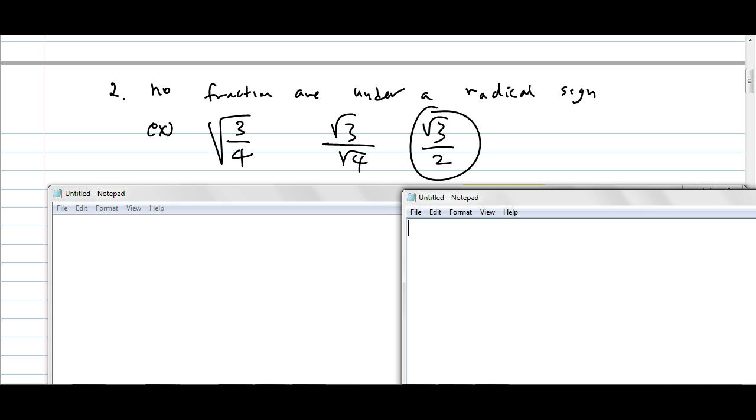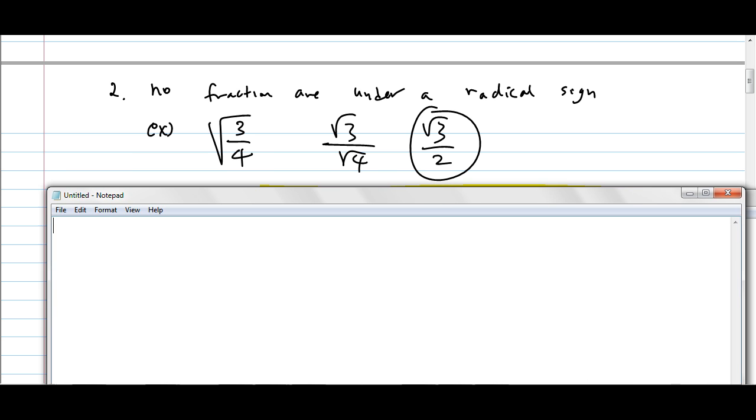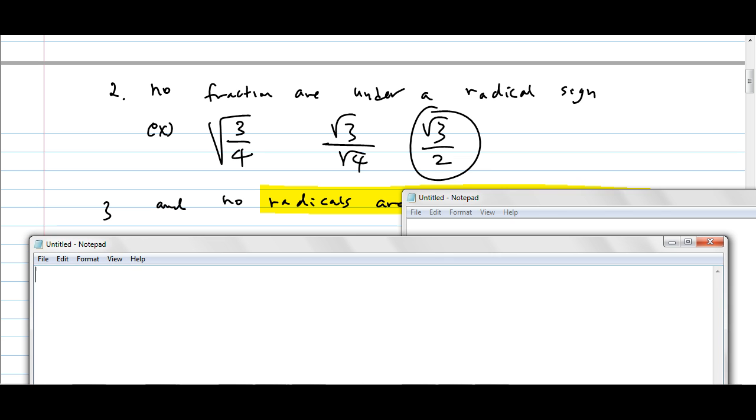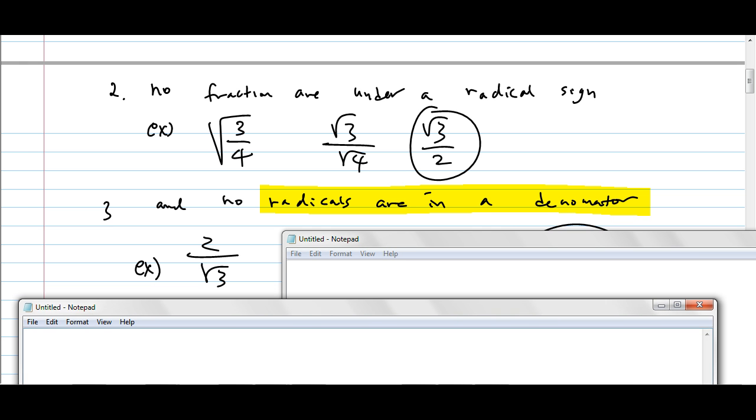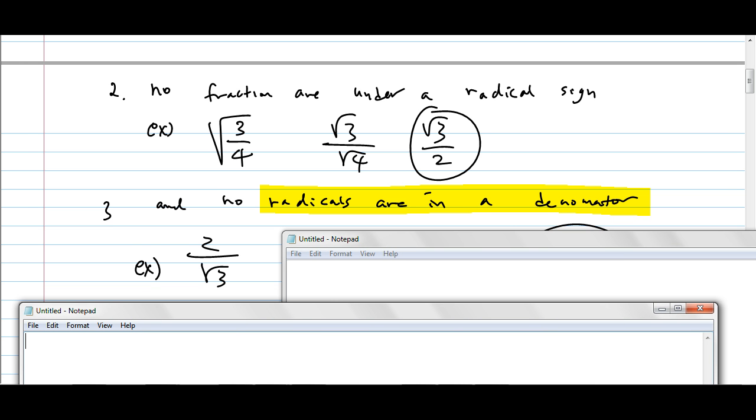And this kind of goes along with the second rule. We actually did this. Can you think of the third rule? Somebody? Yeah. There can't be any radical signs on the bottom, no radicals in the denominator. That's right. Very good. So, remember, could I leave it like this, like 2 over rad 3, something like that? Is that simplified?